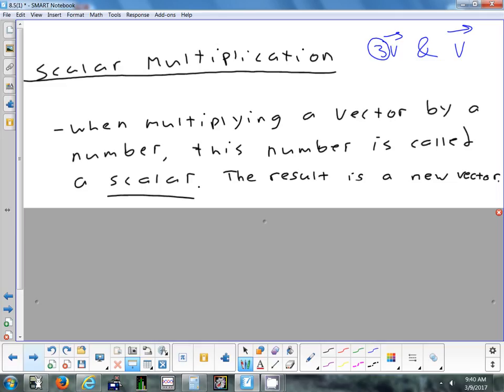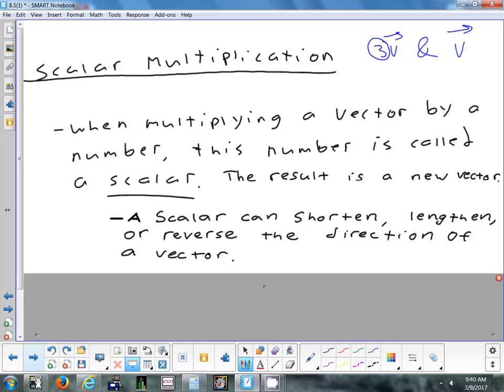Longer. This particular scalar made the vector longer. What else could a scalar do? You could make it shorter. And there's one more thing it can do. How could it reverse the direction? If it was a negative. So a scalar can shorten, lengthen, or if it's a negative, it can reverse the direction by 180 degrees.